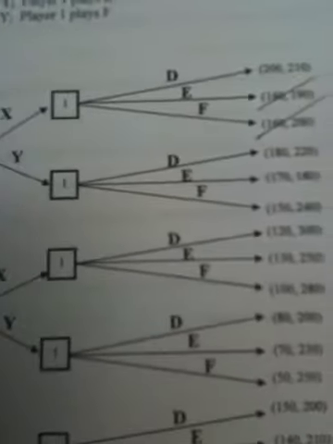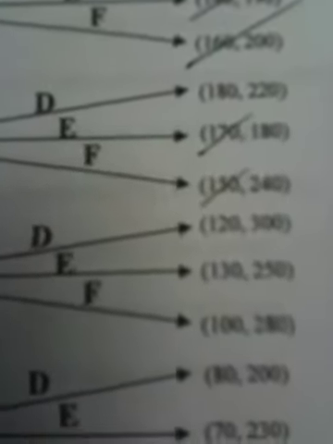Next, go to each spot and do the same line of reasoning. 180 is the highest for player 1 out of 170 and 150. So cross out the two lowest ones. Likewise, 130 is the best. Next.